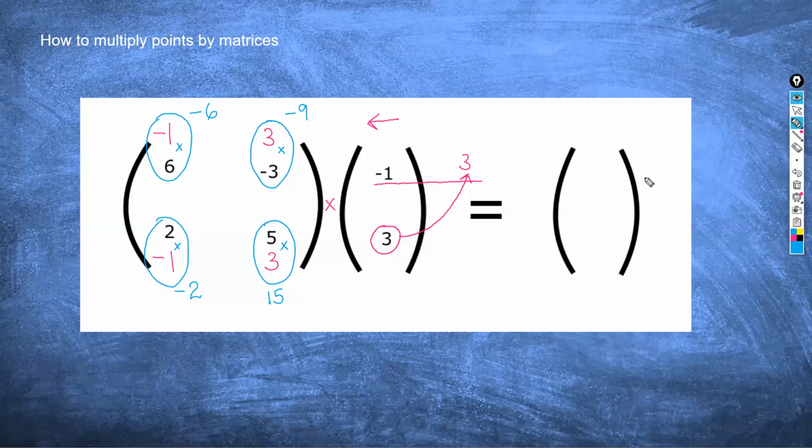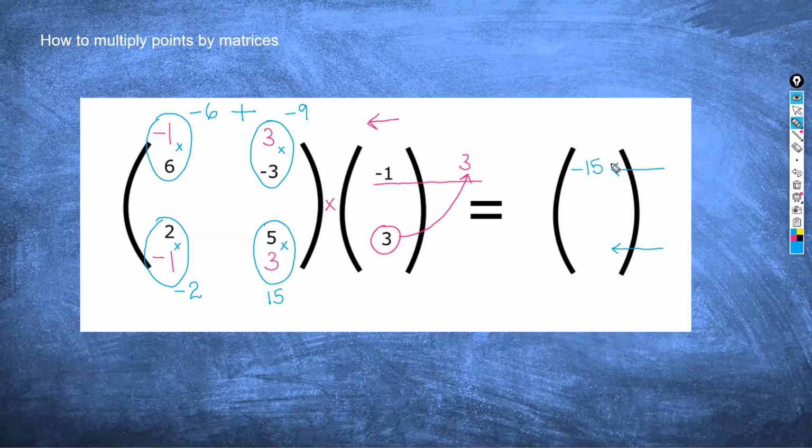Right. So remember, we're trying to get two answers, one on top and one underneath. To get the value or answer on top, you have to add the two values on top. Minus 6 plus minus 9. Remember, a plus and a minus is a minus. So you end up with minus 6 minus 9, which is minus 15.